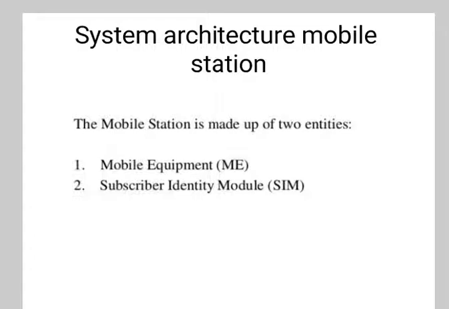So, the mobile station is made up of two entities, the mobile equipment and subscriber identity. It consists of the physical mobile handset or equipment used by the subscriber to access the GSM network. It includes mobile terminal equipment and terminal adapter.